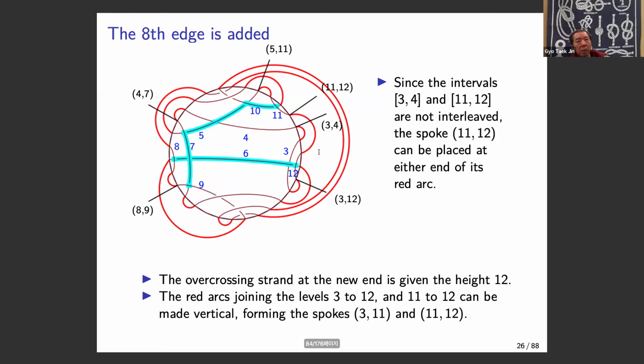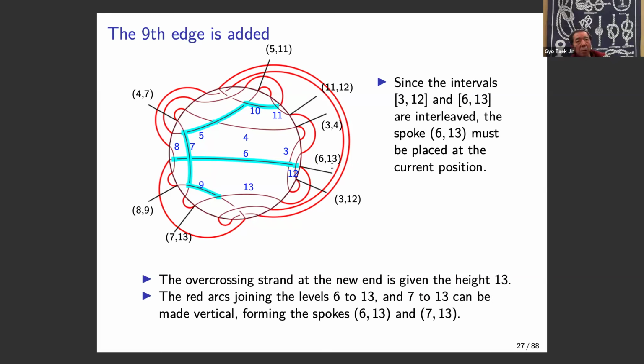But for this one, it has levels 13 and 6, and it includes another arc with endpoints spanning 3 and 12. And this number 6 is between 3 and 12. So these two arcs are interleaved.